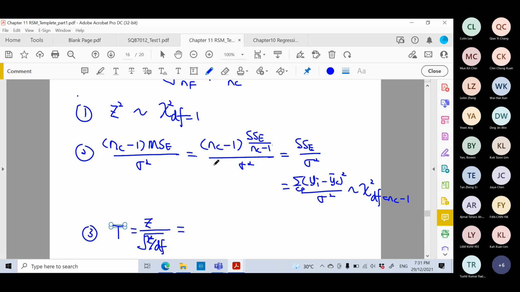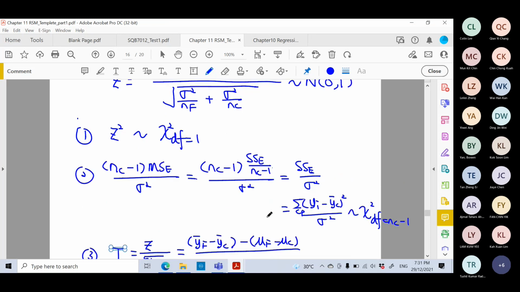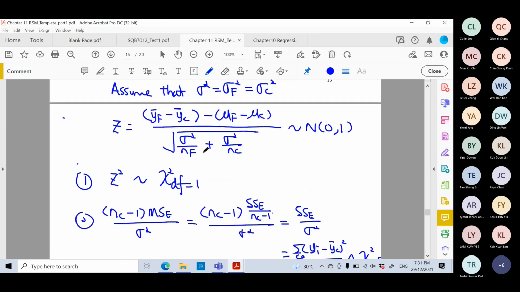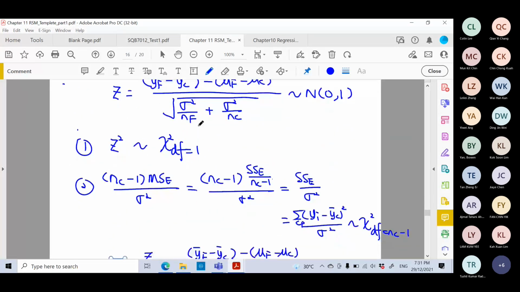this one: the mean for the factorial minus the mean for the center. Of course, I try to make the denominator the same, so we can factor out the sigma here.